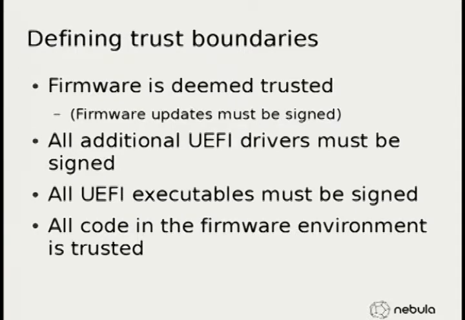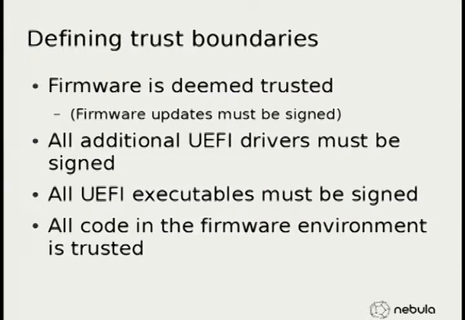The idea of trusted boot is that every step of the boot chain updates values in the trusted platform module. And when you get to the operating system, it can then connect to a remote server.